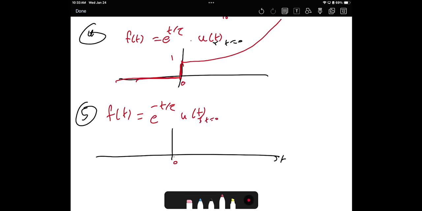Before t equals 0, everything is 0. Since it's centered at 1, it starts at 1. Then it will be decaying, not increasing, because it's an exponential with a negative sign.